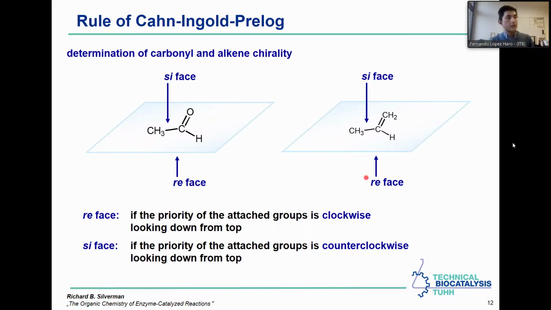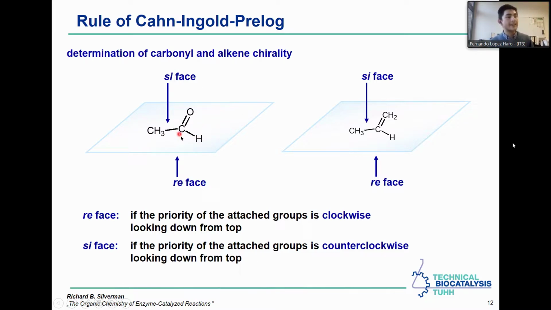As a reminder, the Re phase and Si phase are related to the planar order or planar structure of the molecule. And it is exactly the same rules that we follow for naming chiral molecules in 3D space.